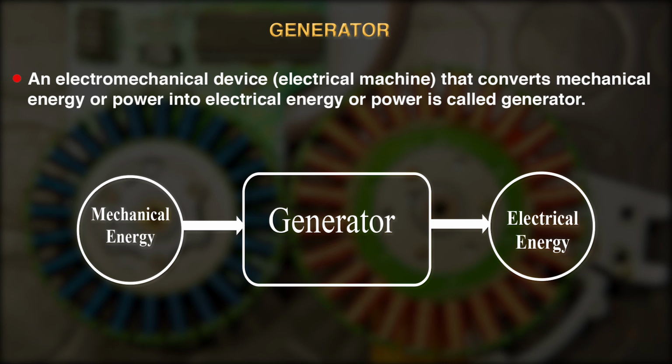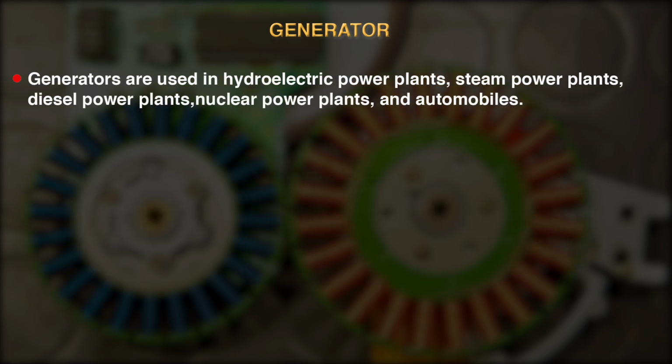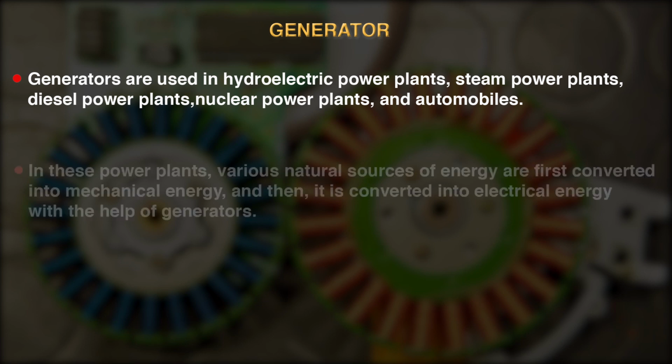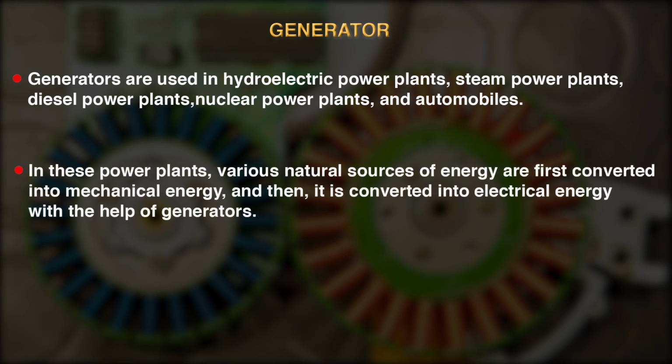Generators are used in hydroelectric, steam, diesel and nuclear power plants and automobiles. In these plants, natural sources of energy are first converted into mechanical energy, then into electrical energy with the help of generators.